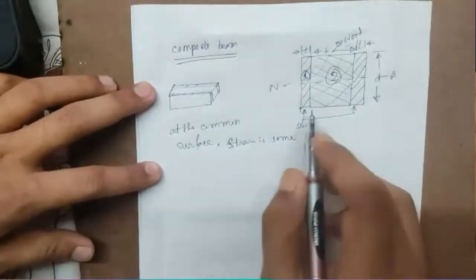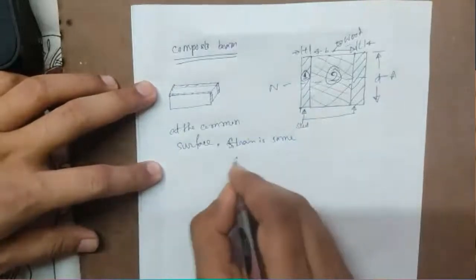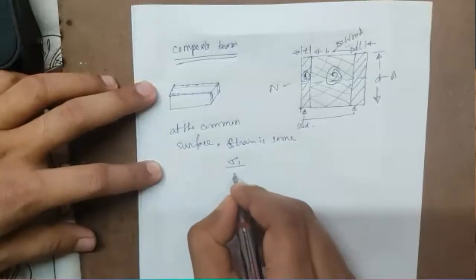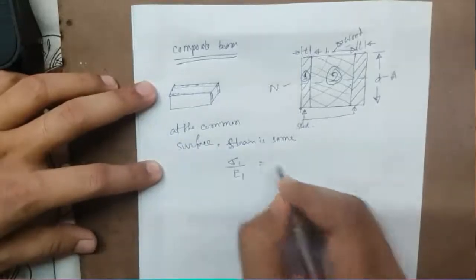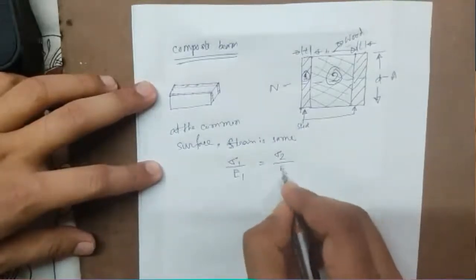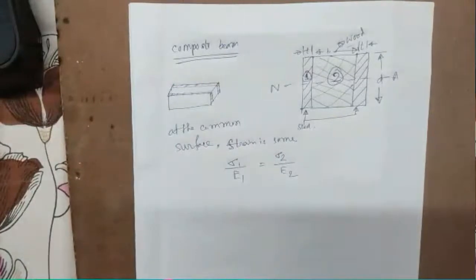Now the strain for material 1 is sigma 1 by E1. For this wood it will be sigma 2 by E2. Strain is equal, strain can be written as stress by elastic modulus.